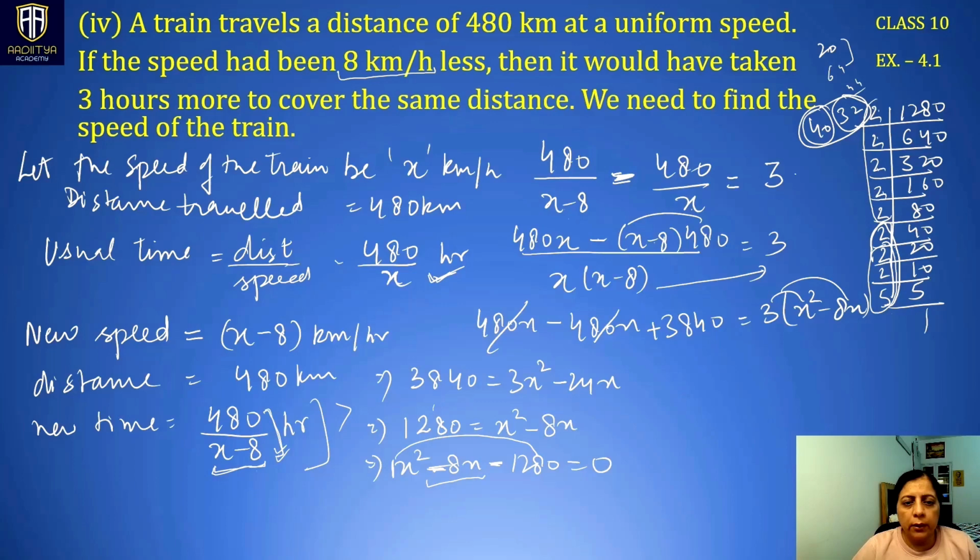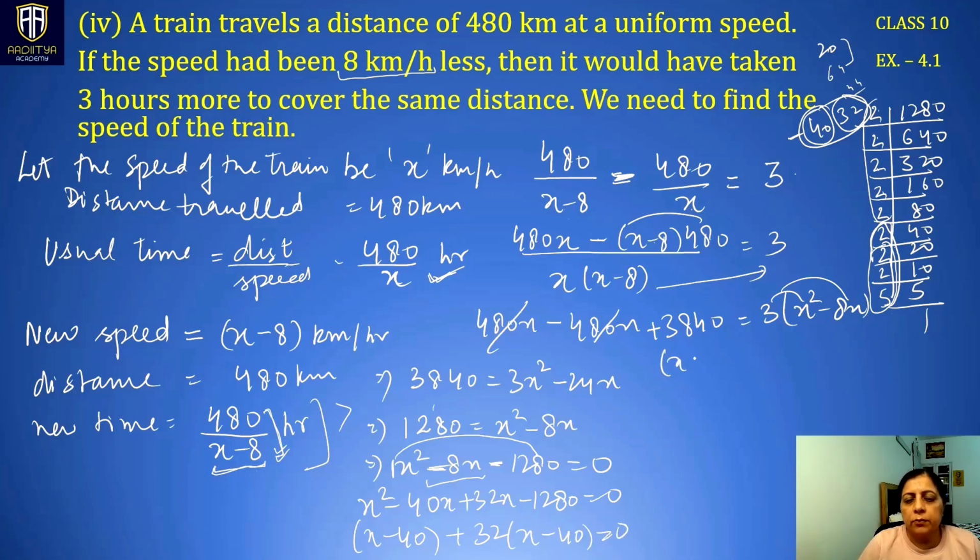Now since we require a negative number, the bigger one has to be negative. So I'm writing this as x square minus 40x plus 32x minus 1280. So we have x common here, x minus 40. From here we can take out 32 common, so we are left with x minus 40, right?